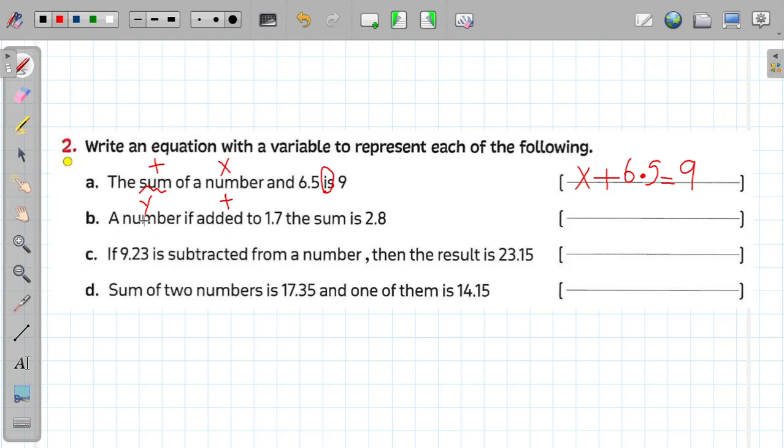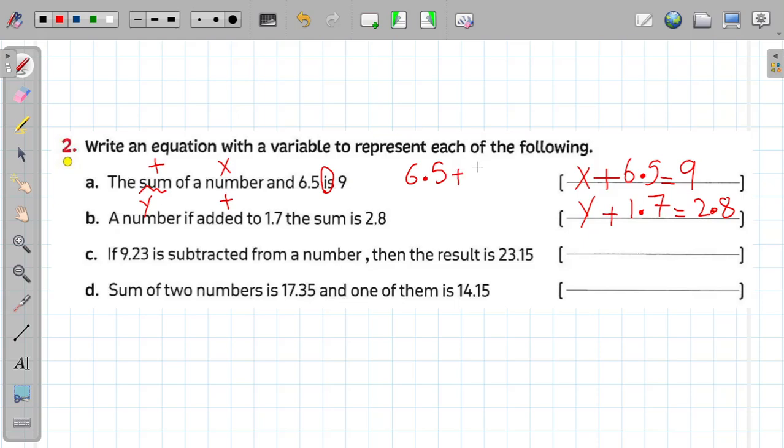So y plus 1.7, the sum is 2.8, so it will be equal to 2.8. So our equation is y plus 1.7 equals 2.8.